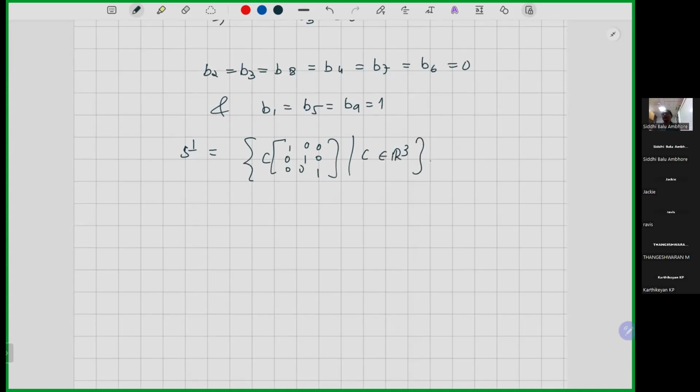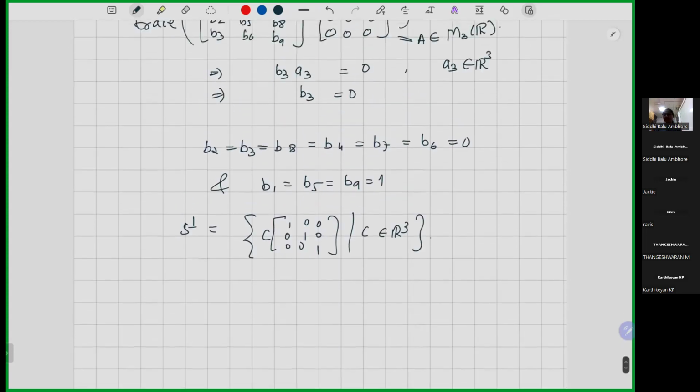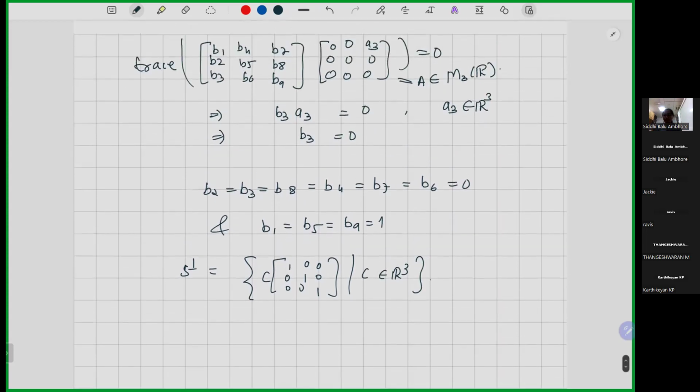We will choose elements from the space such that I can get rid of all the possible BIs to be 0, and then I calculate.